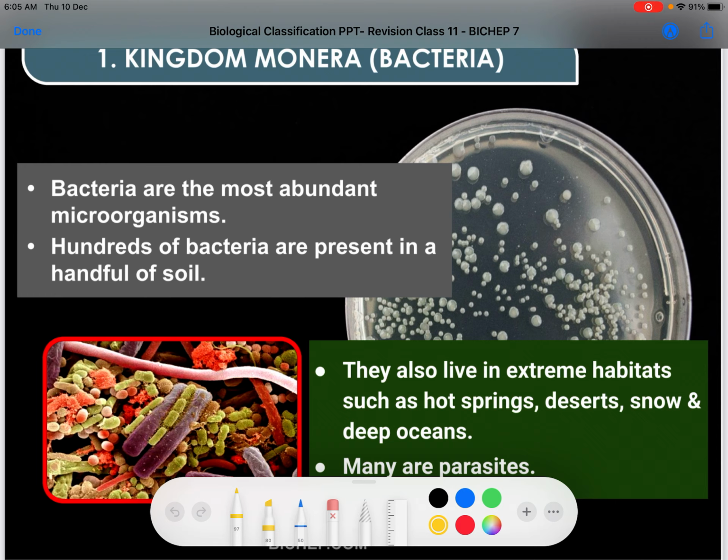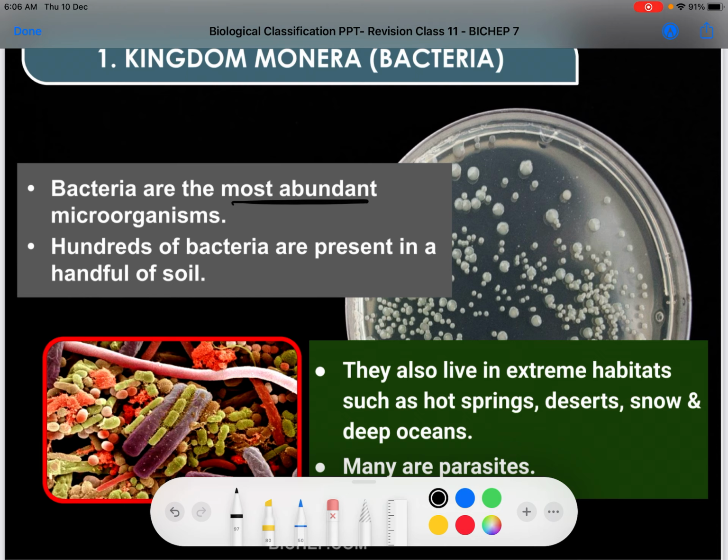Now, a few more important characteristic features: they are the most abundant microorganisms. Now, most abundant in the sense of number, not variety, right? The types of bacteria and the number of bacteria are totally different phenomena.